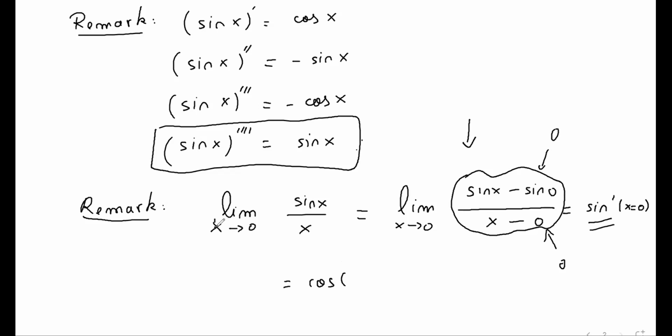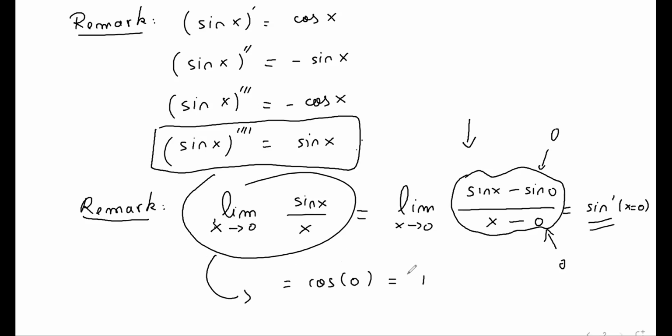So what you see here, this limit, is nothing but cosine of 0. And that is very easy. So that is 1. That's a famous formula. That's one of those formulas that we reviewed last time when we did the review of trigonometric functions. All right, so this is the limit, and that is the value of the limit.